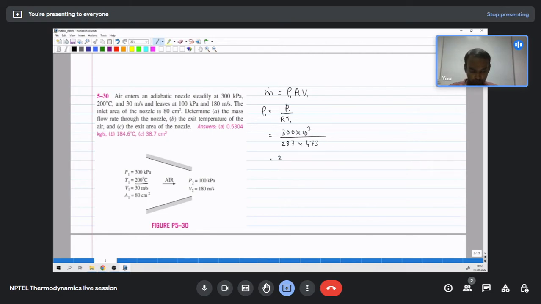This is 2.21 kg per meter cube. So now we can calculate the m dot. M dot is rho AV.